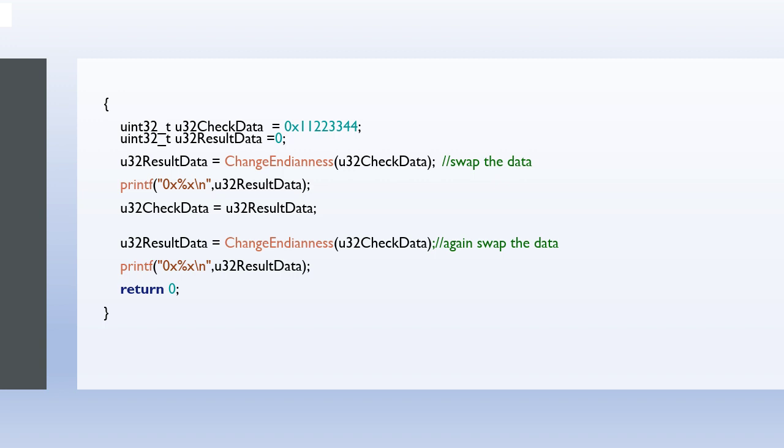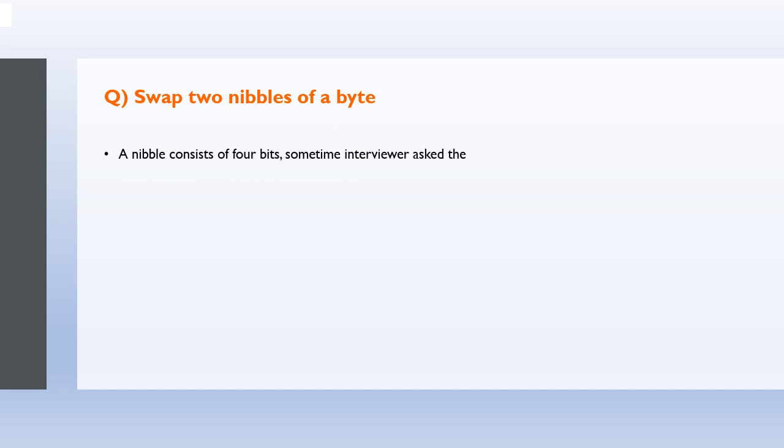Okay, let's see about swapping 2 nibbles of a byte. A nibble is 4 bits, right? So it's a very easy question here. Left shift and right shift operators are used to swap the nibbles. It's very simple, isn't it?